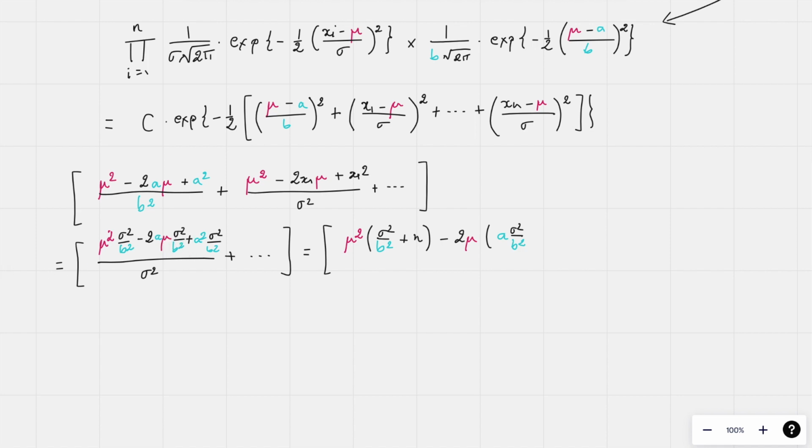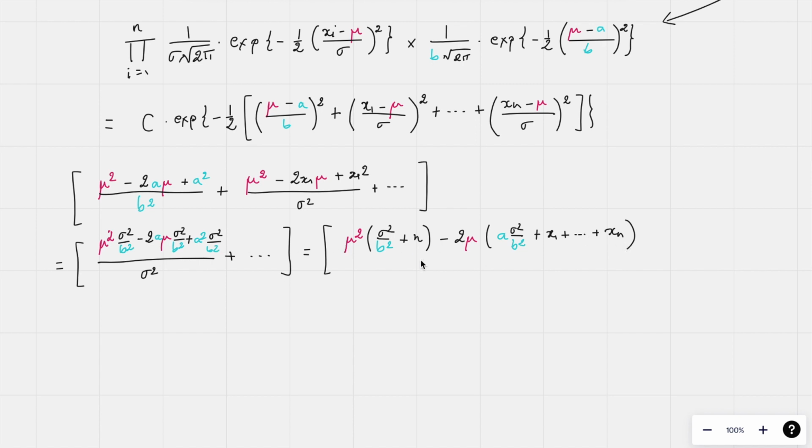What about the others? I have x1, x2, etc. until xn. So plus x1, etc. until xn. So that's what I have here for the mu terms. Okay, I have taken this term here, so minus 2 mu times a sigma squared divided by b squared, and I have taken these terms that are here, minus 2x1, minus 2x2, etc. until xn.